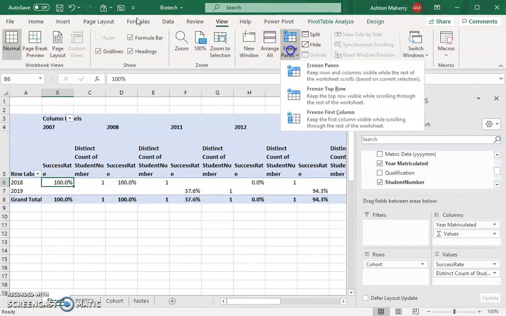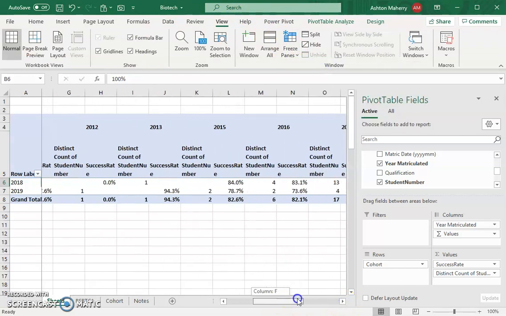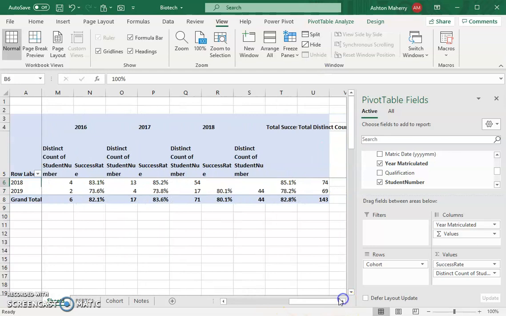Let me just freeze some panes over here. Okay. So 54 students out of the 2018 cohort matriculated in 2017, the year before. Whereas for 2019, it's 44 out of the 69 students matriculated the year before.